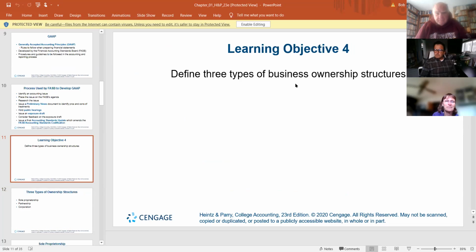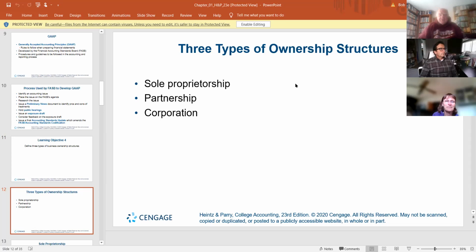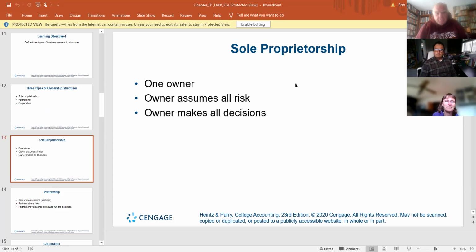Three types of ownership structures we're talking about in the United States: sole proprietorship, partnership, corporation. Most businesses in the United States are sole proprietorships. One person, one owner, one person takes all the risk. That owner makes all the decisions, but there's a high risk, high reward component to this.